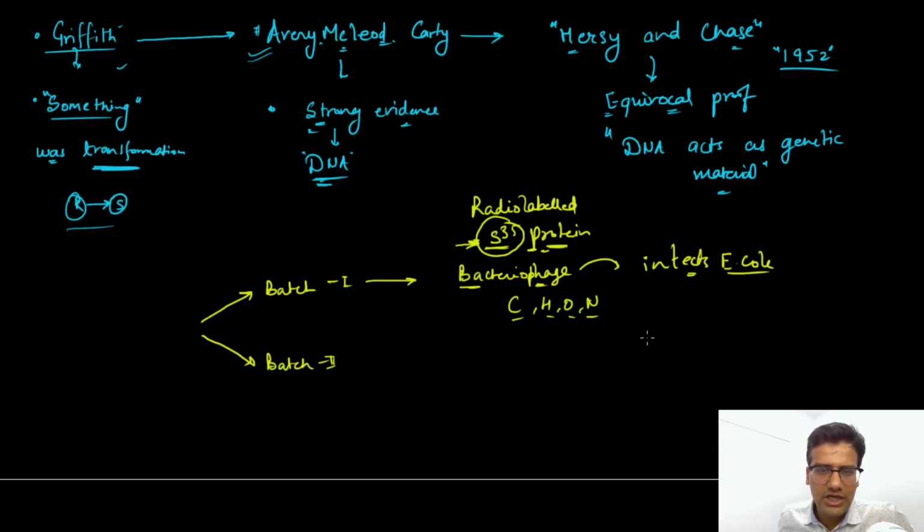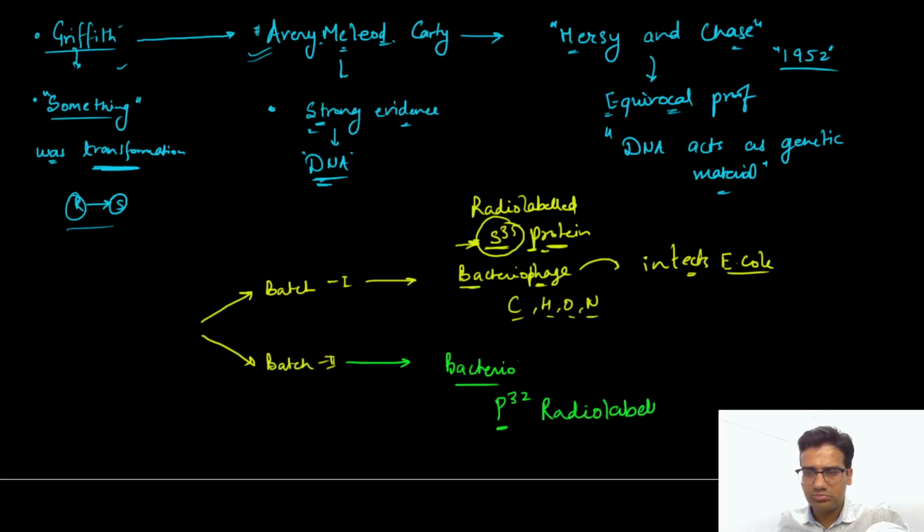So they radio-labeled the protein part with S35. In the second batch, the bacteriophage's DNA was radio-labeled with phosphate 32.